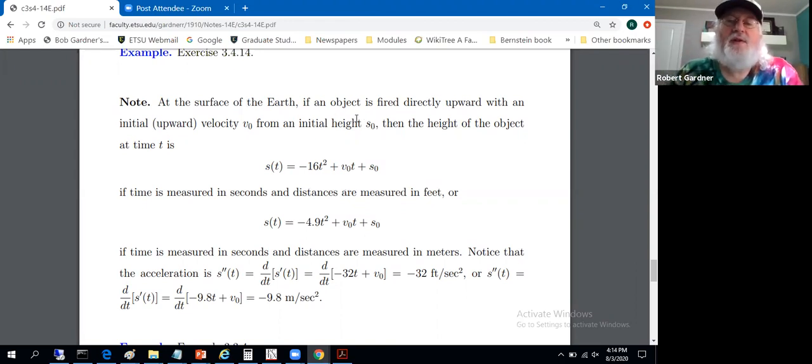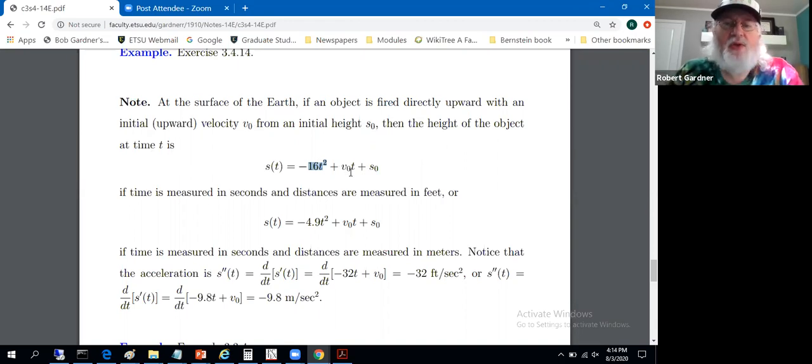At the surface of the Earth, if an object is fired directly upward with an initial upward velocity of v sub 0 from an initial height s sub 0, then the height of the object at time t is s of t equals negative 16 t squared plus v sub 0 t plus s sub 0. Well, there's Galileo for you right there, the 16 t squared part at least.